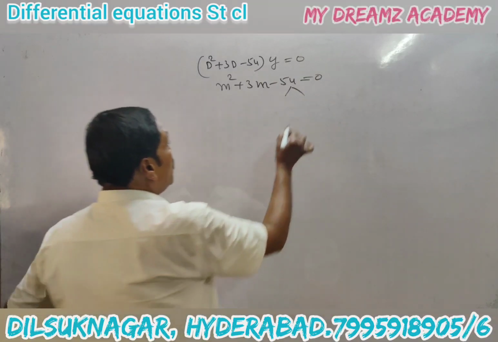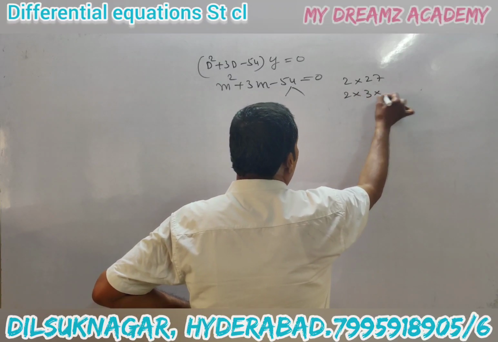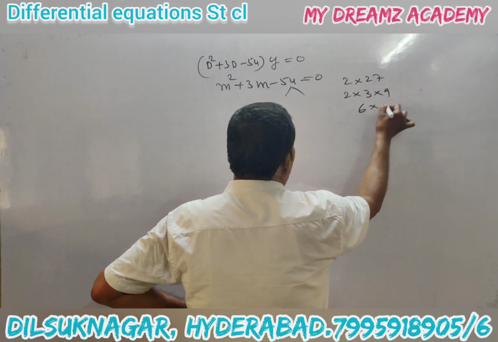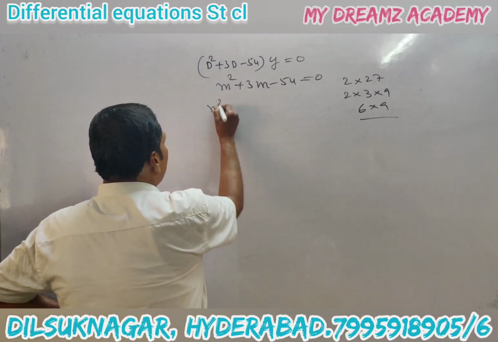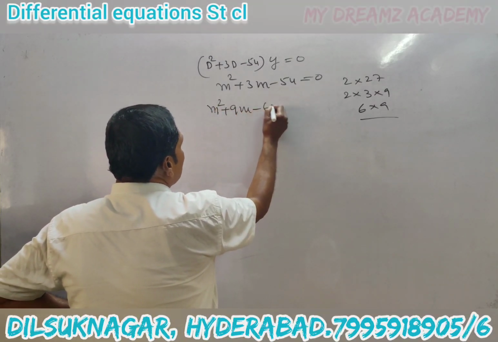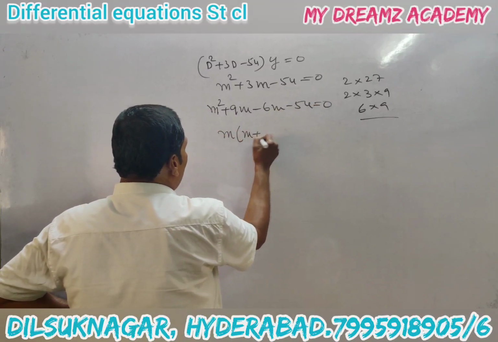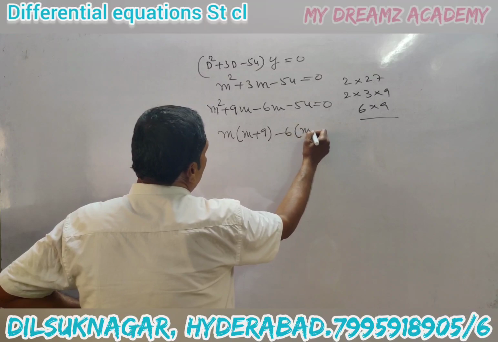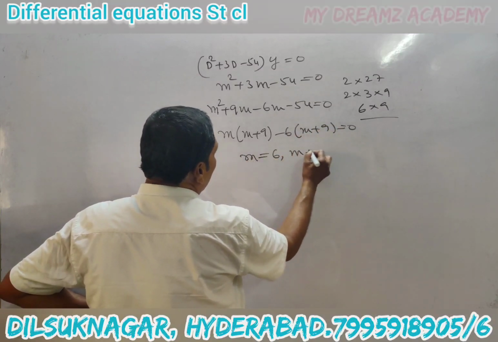What are the factors of 54? 2 into 27, 2 into 3 into 9, 6 into 9 you will get. 9 minus 6 is 3. That is m square plus 9m minus 6m minus 54 is equal to 0. m common, m plus 9, minus 6 common, m plus 9 is equal to 0. m is equal to 6, m is equal to minus 9.